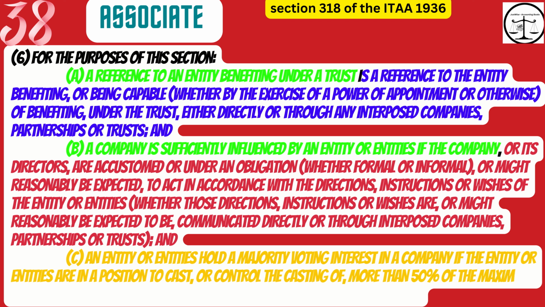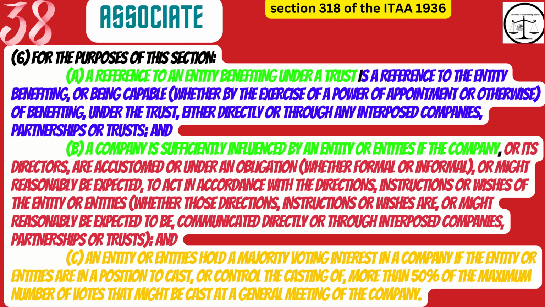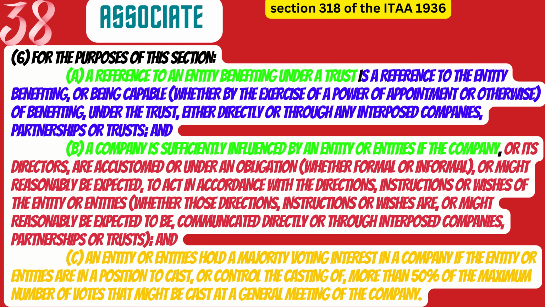A company is sufficiently influenced by an entity or entities if the company, or its directors, are accustomed or under an obligation, whether formal or informal, or might reasonably be expected, to act in accordance with the directions, instructions or wishes of the entity or entities, whether those directions, instructions or wishes are, or might reasonably be expected to be, communicated directly or through interposed companies, partnerships or trusts.